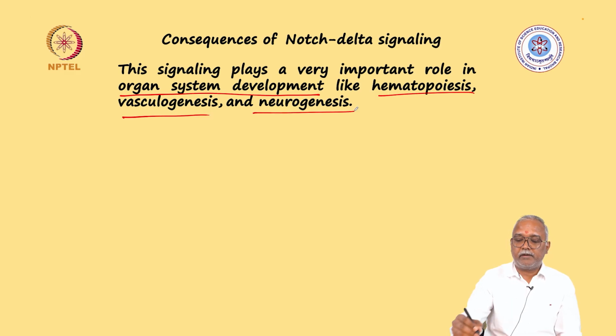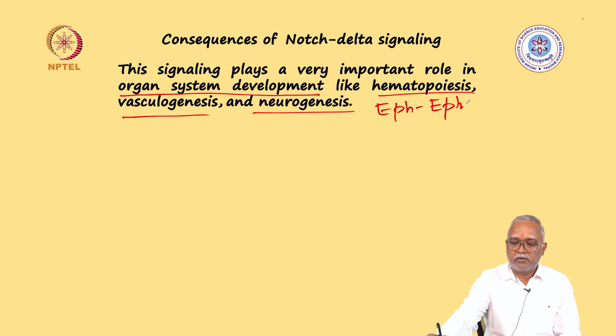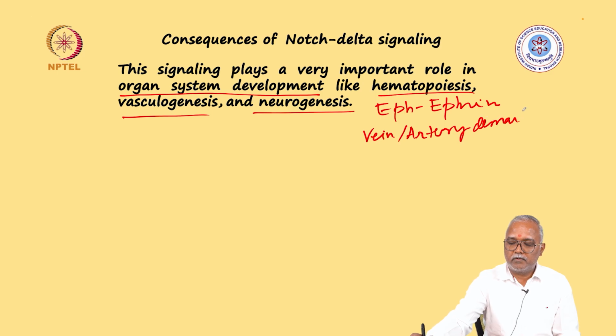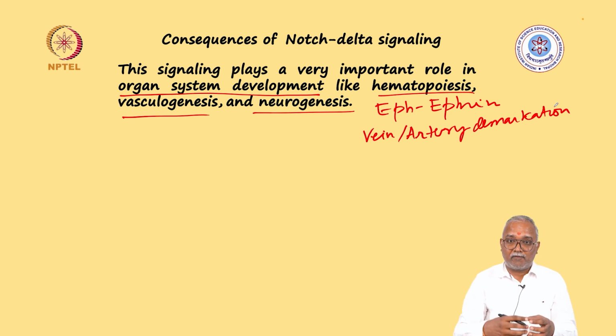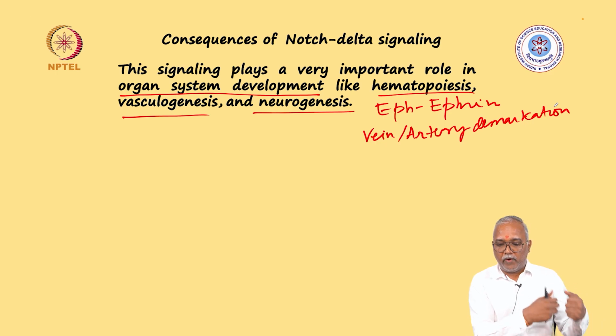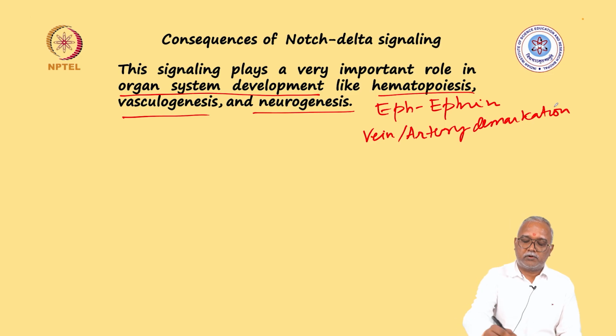If you recollect in Eph-ephrin signaling, we saw how it was important for vein and artery demarcation, in the case of plexus as well as the vessels which form from a common precursor vessel and become veins and artery. Notch-Delta signaling plays a very important role in neurogenesis.